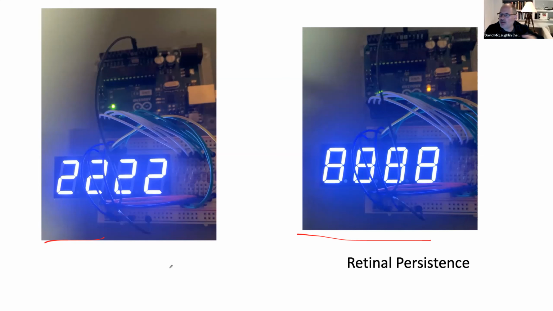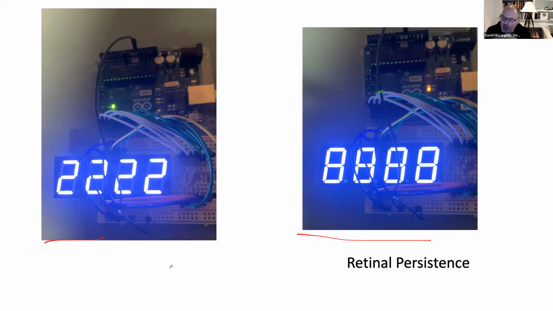It'll happen with all kinds of things that are light, and you're fooling your brain because of this retinal persistence. This is the basis behind these displays, because think about what's going on with this display. We've got a 4-digit display, but we've tied all the anodes together, right?